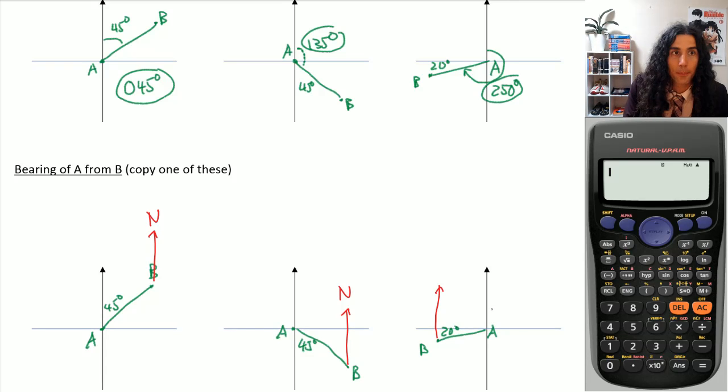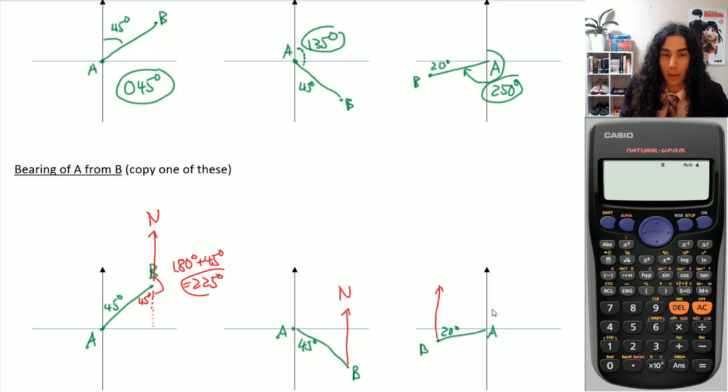So the first one, 45. Well, one way to do it, I could do this. And by alternate angles, that's 45. Those are alternate angles because the norths are parallel to each other. So the bearing of B from A is the 180 plus the 45, 225.